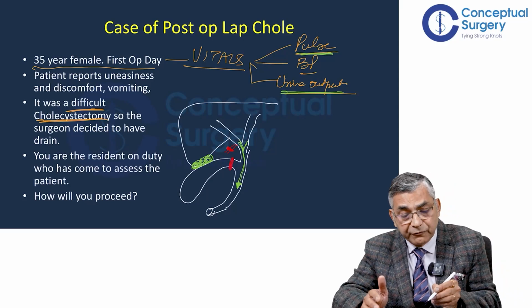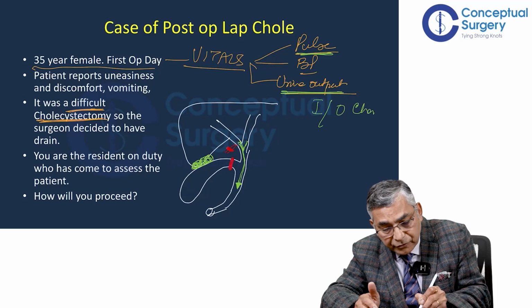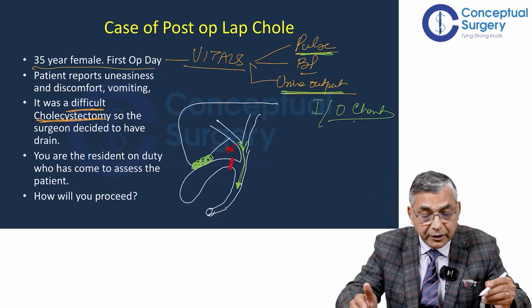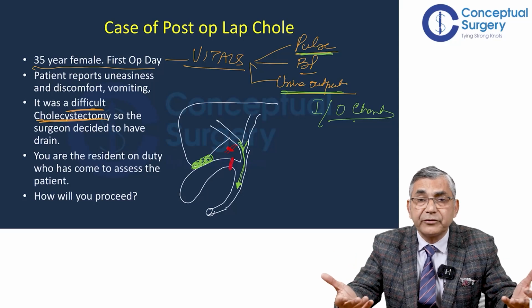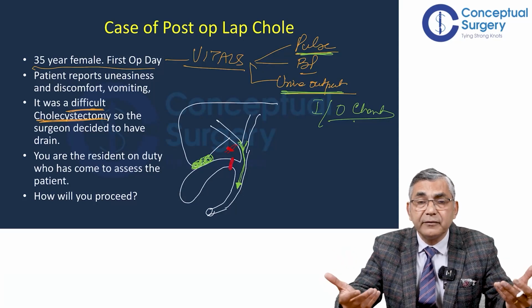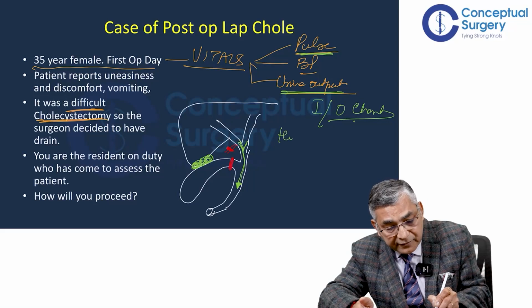That's important. So for this, the intake output chart has to be seen. So you will say, I will look at the intake output chart, and after having seen the vitals, I will look at the patient. I will see what is the coherence level. Is the patient short of breath? Look whether the patient appears hypoxic or not.